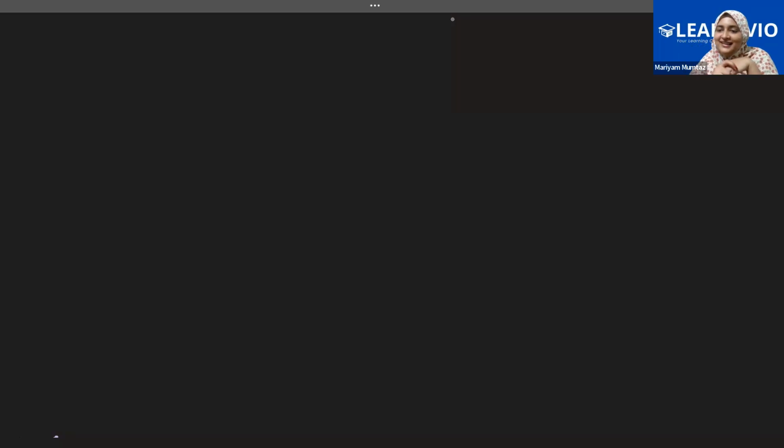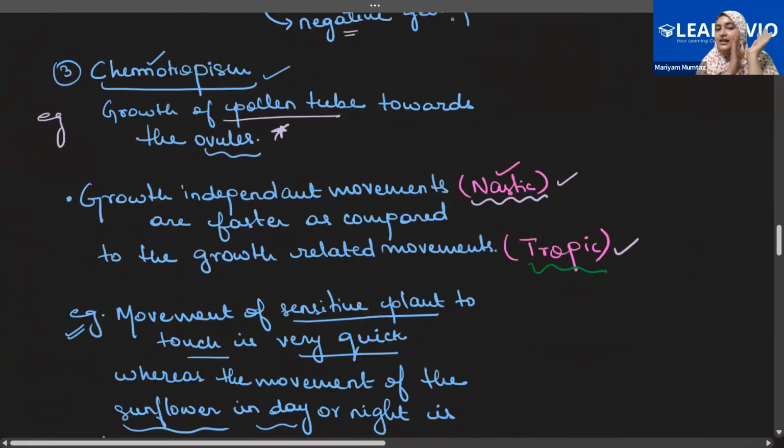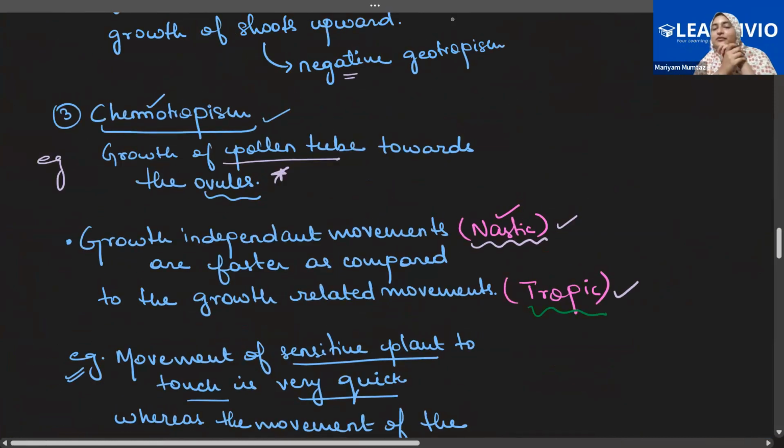It will take me weeks. I went to a touch-me-not plant, I touched it, and it immediately folded and showed me a response. So which one is faster? The one that is going to take weeks and weeks, or the Mimosa pudica? So always remember that nastic movements will be faster as compared to tropic movements.